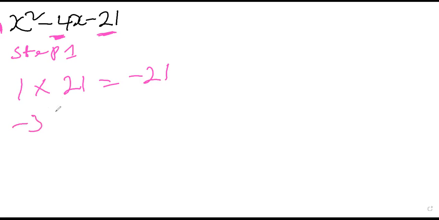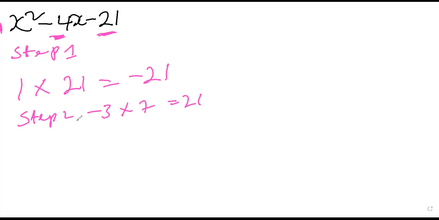That should be step 2. Minus 3 times 7 equals minus 21.